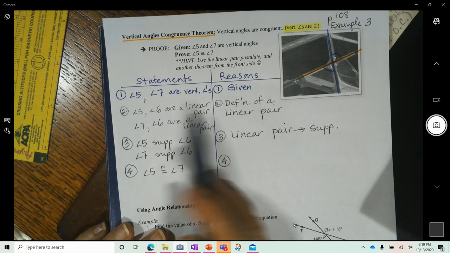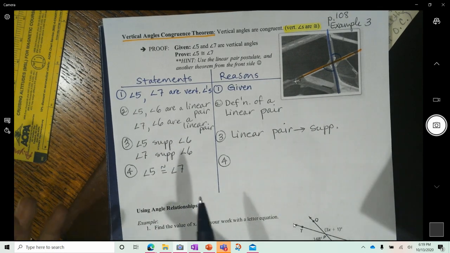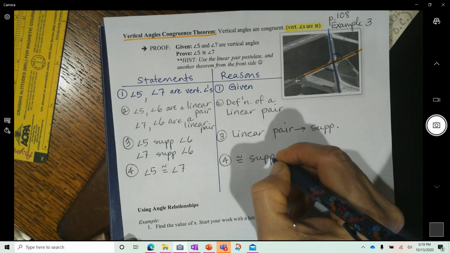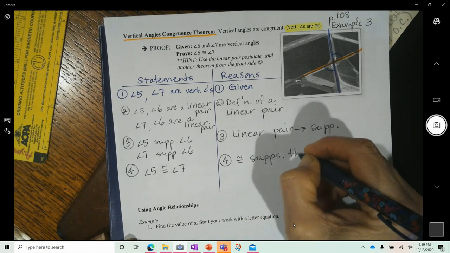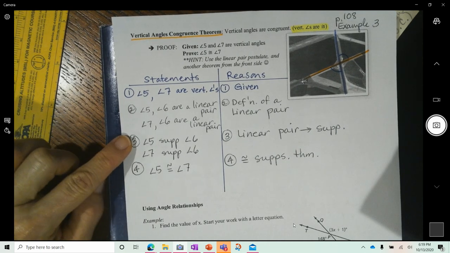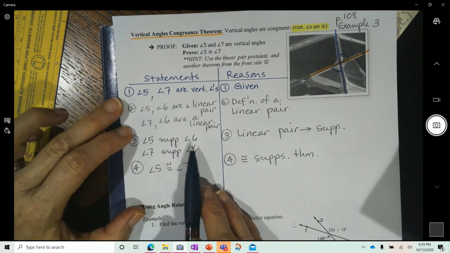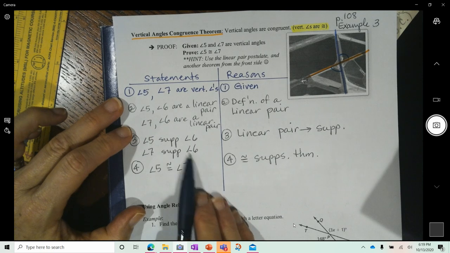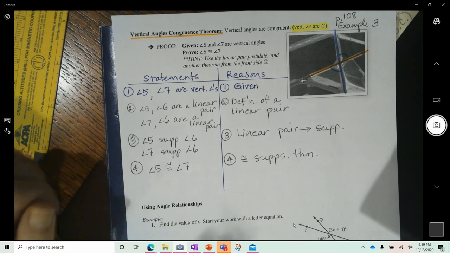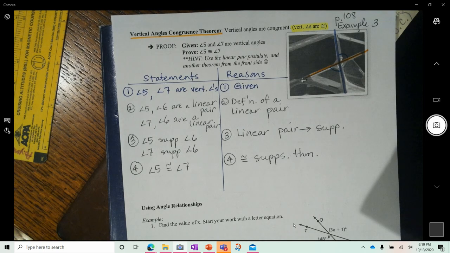Literally, we don't have to go through all the plus and minus and all that, because the congruent supplements theorem on the front says that we can go from here to here. If they are both supplementary to the same thing, then they are congruent to each other, and that's how you use that. Very handy, wouldn't you say?